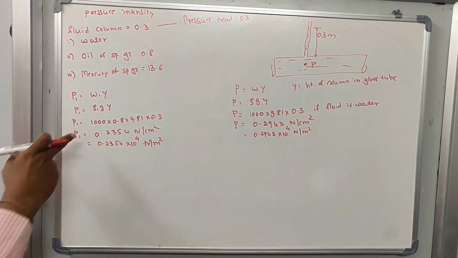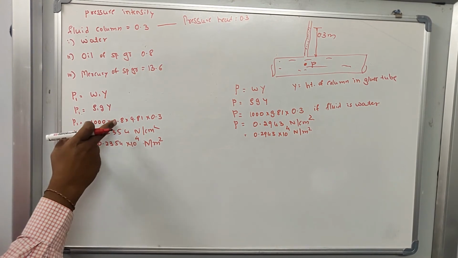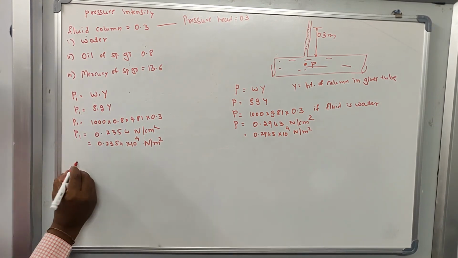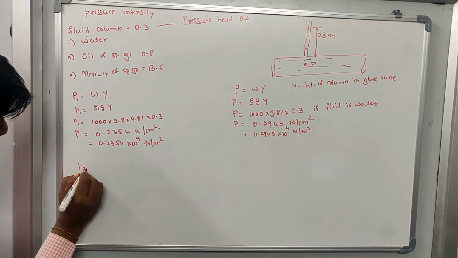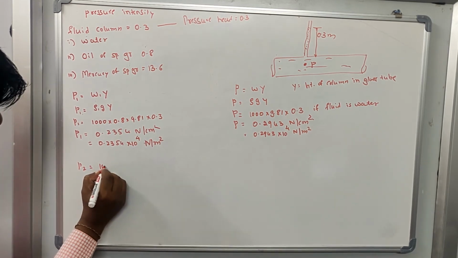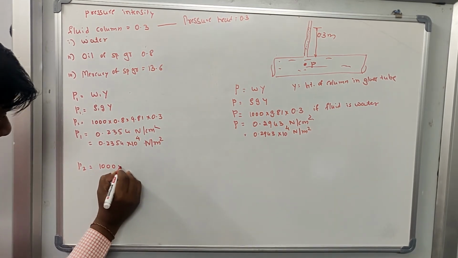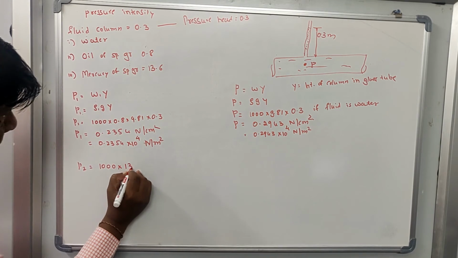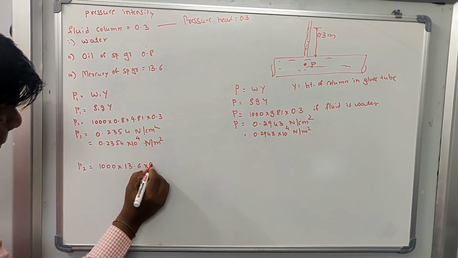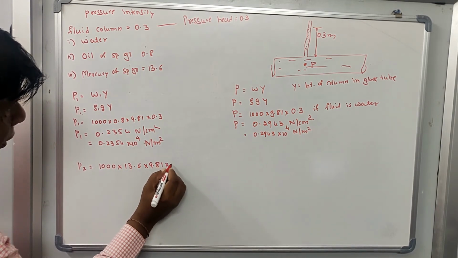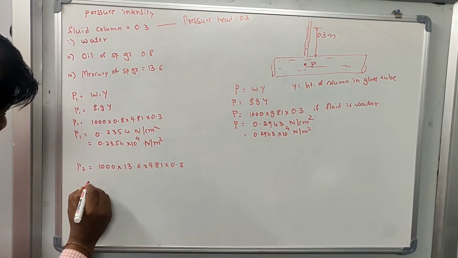If instead of oil, the fluid used is mercury, then the pressure intensity P2 is equal to mass density of water, times the specific gravity of that fluid, that is 13.6, times 9.81 into column height 0.3. Okay.